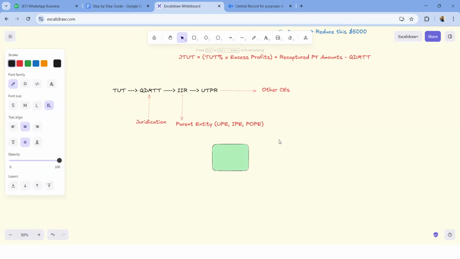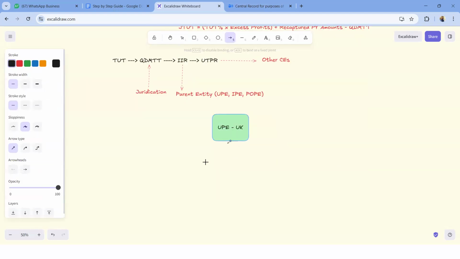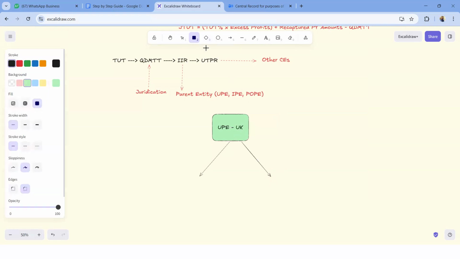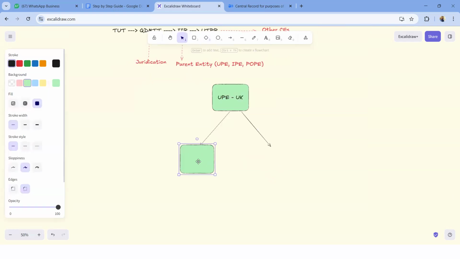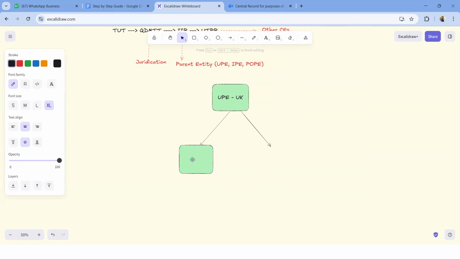Your UPE is in UK, and let's take this MNE. This is one branch, and let's say there is one entity in Netherlands and one in Australia.